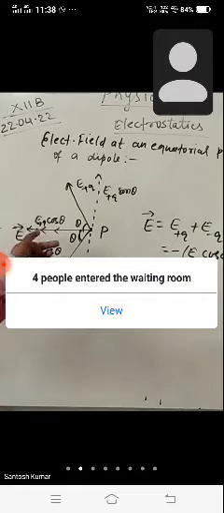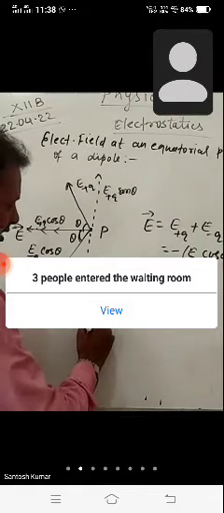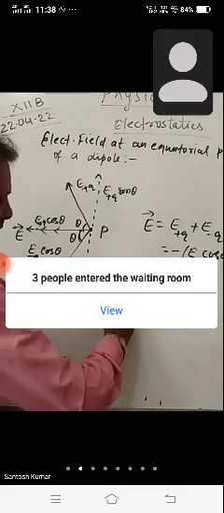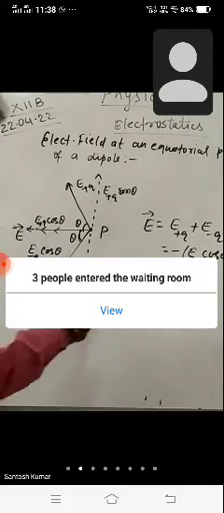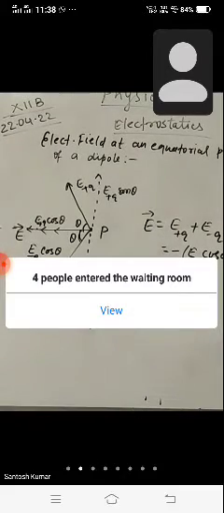Why negative sign? Because this electric field is just opposite to the direction of the dipole moment, the electric dipole moment.